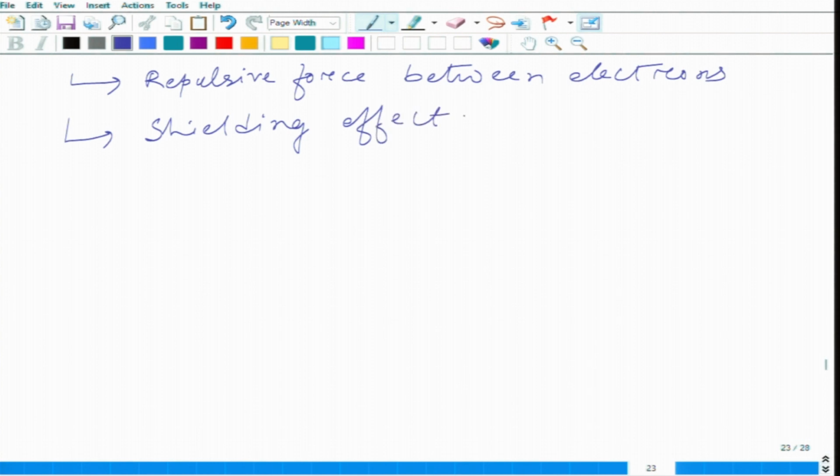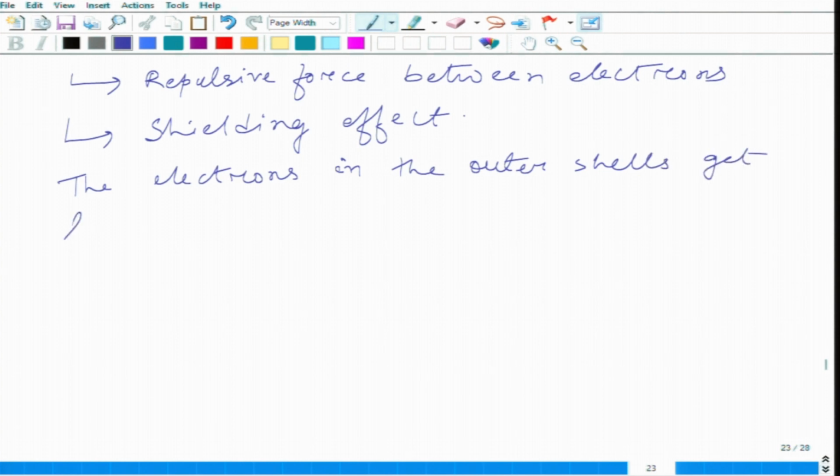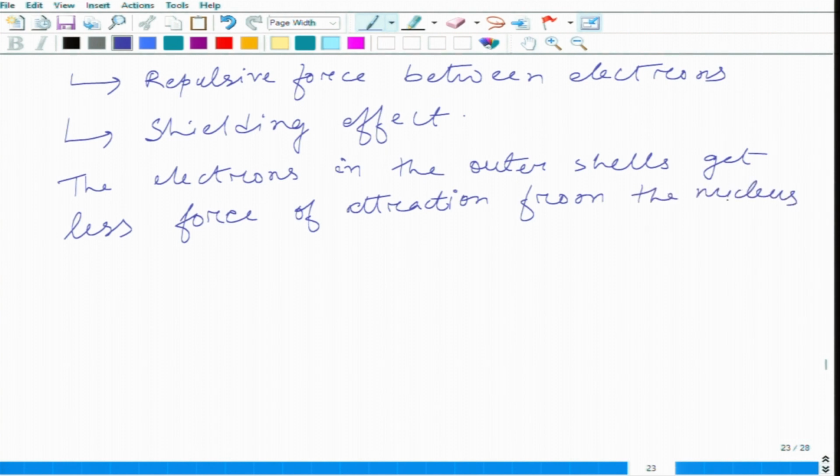What is shielding effect? The electrons in the outer shells get less force of attraction from the nucleus as compared to the inner shell electrons.